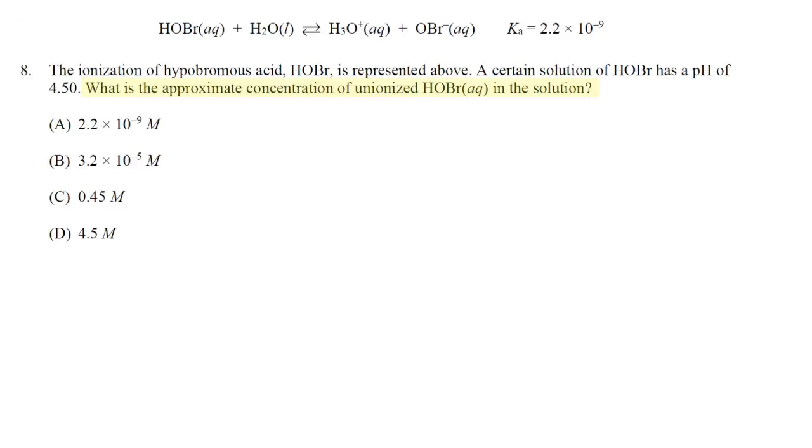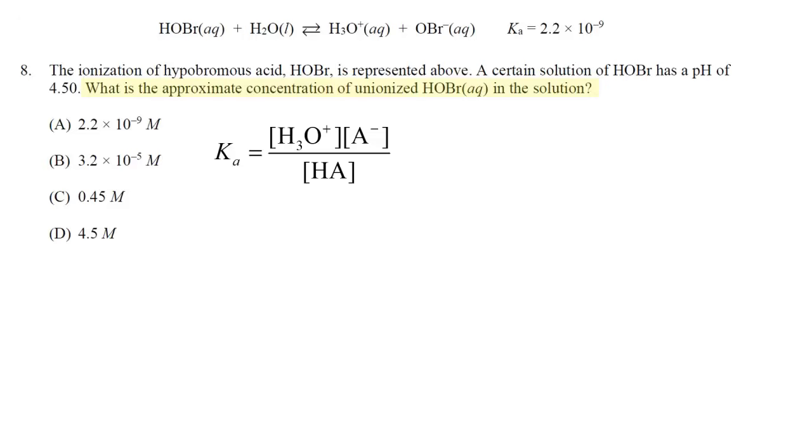So I'm going to start by writing the generic Ka expression, which I can get from the AP Chemistry equation sheet. So Ka is equal to this ratio of the concentration of the hydronium ion times the concentration of the conjugate base, A minus, divided by the concentration of the weak acid, HA.